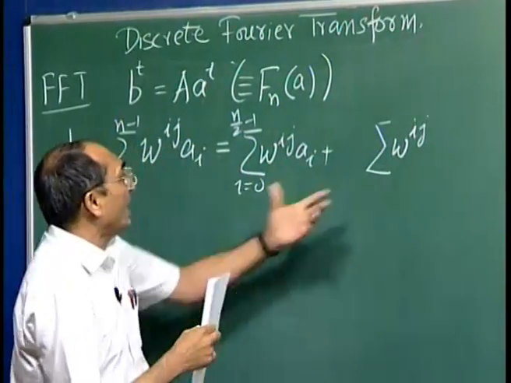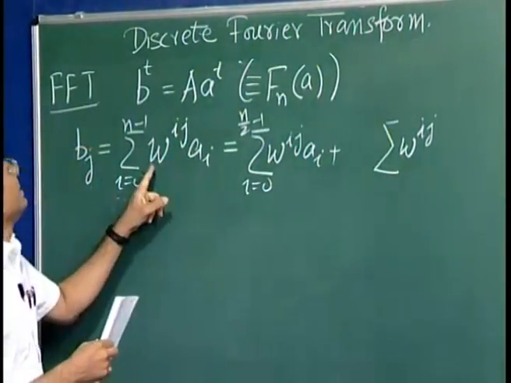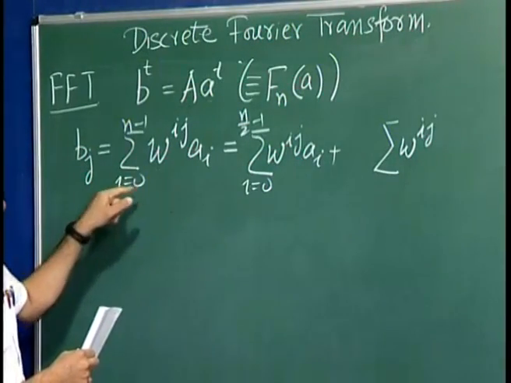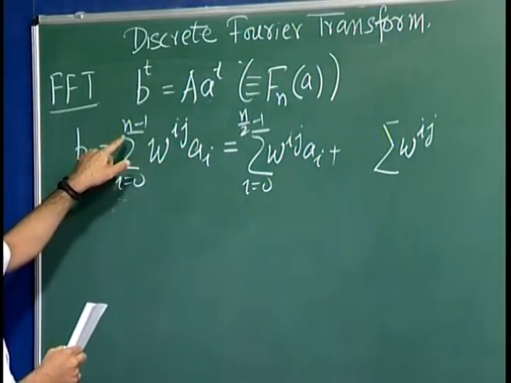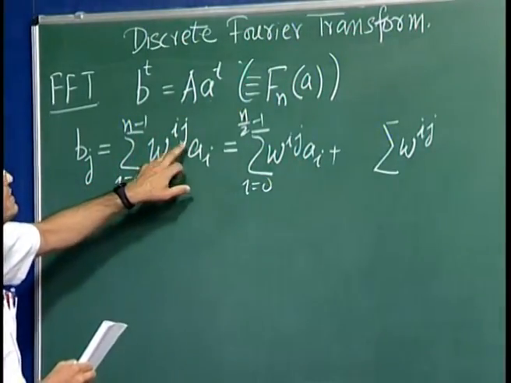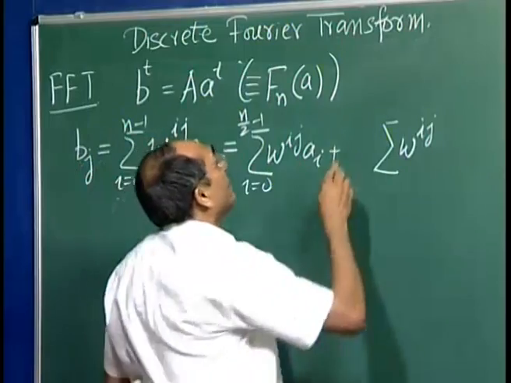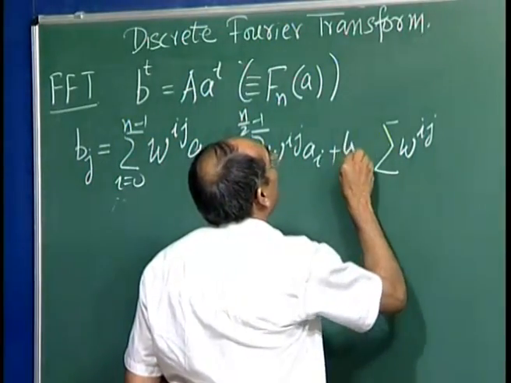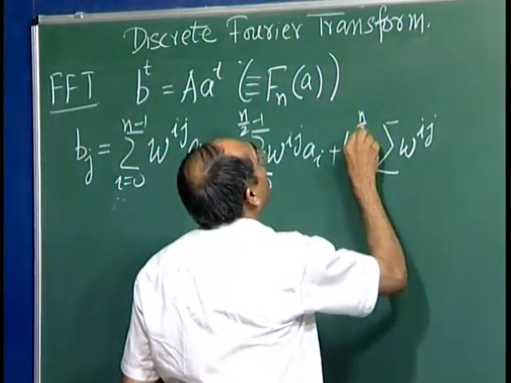Notice that in the second half of the sum, the value of i is always greater than or equal to n by 2. So the factor w^(n/2 times j) can be taken out.